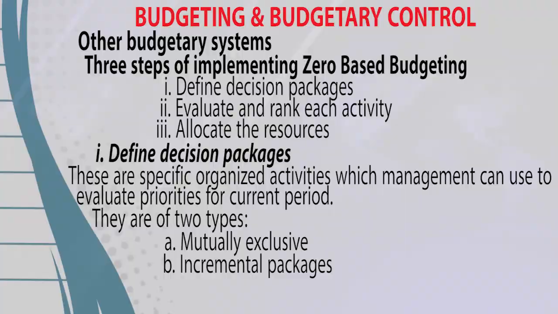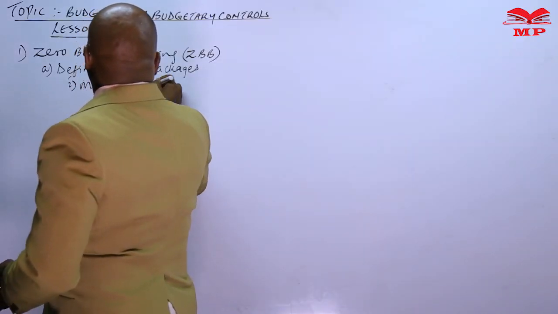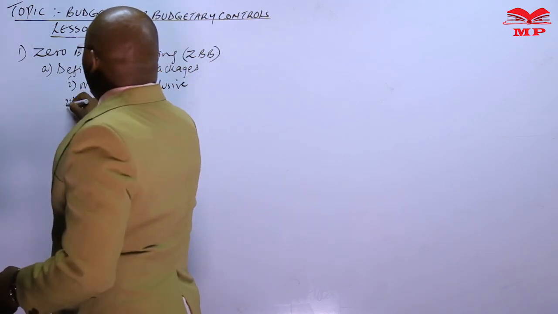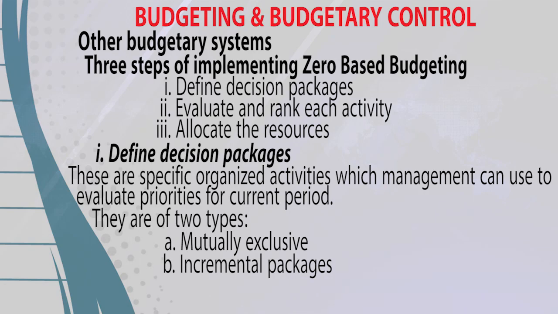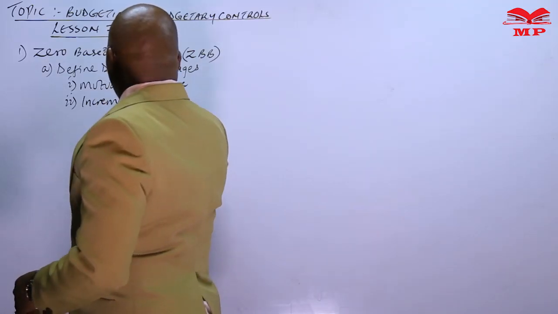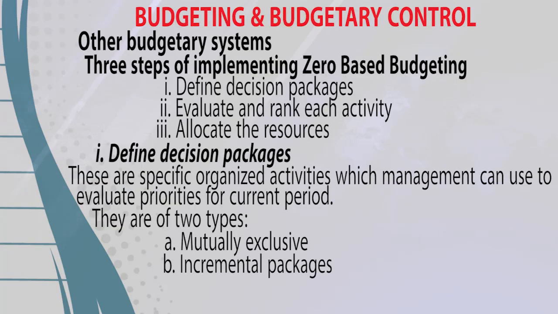We have mutually exclusive, and number 2 is incremental packages. Let me explain that.